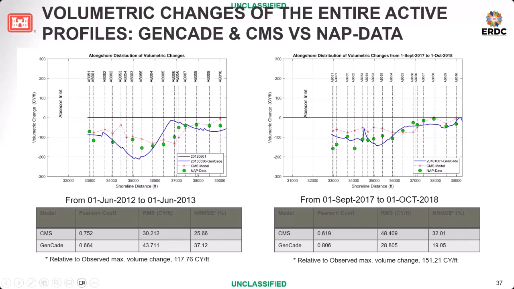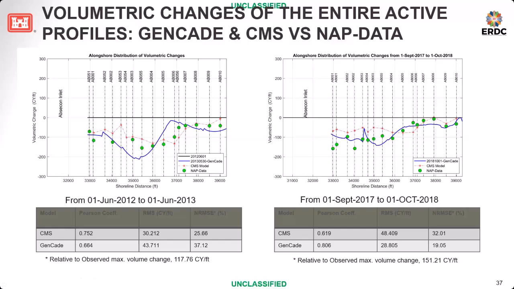We have field data provided by Philadelphia District. So we know this minus means sediment loss. This erosion hotspot is captured by both models, and in the magnitude of volume change along the shore, both models behave pretty similarly. CMS provides a better estimation along the shore. Maybe GenCade has some overestimation.